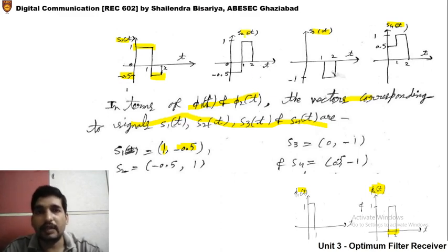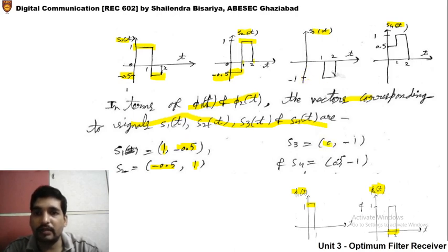Let us see further. S2(t) has the value minus 0.5 from 0 to 1, so phi 1(t), which is 1 from 0 to 1, should be multiplied by minus 0.5. So S2 has the value minus 0.5 along phi 1, and along phi 2(t) it is the same as S2(t) for the region 1 to 2, so we write 1. Similarly for S3(t), in the first region it is simply 0.